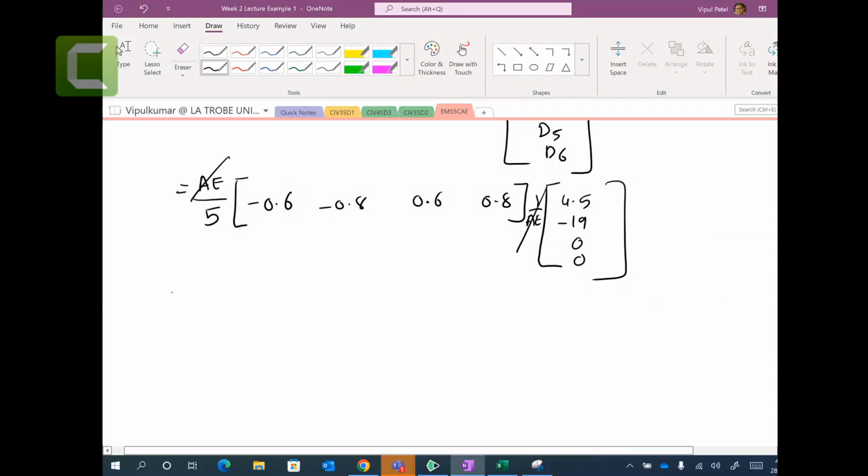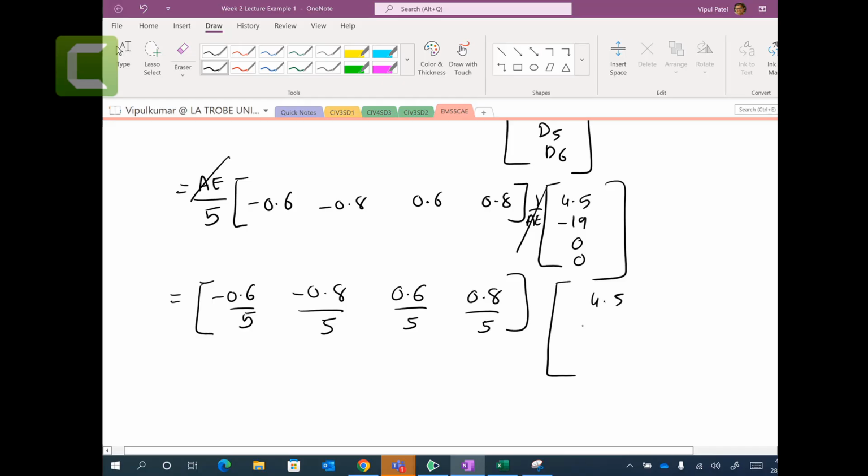These guys cancel. 1 over 5. Let me put this one in. Minus 0.6 over 5, minus 0.8 over 5, 0.6 over 5, 0.8 over 5, times 4.5, minus 19, 0, 0.